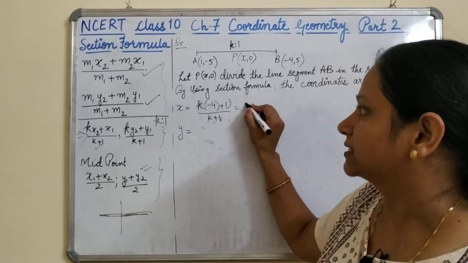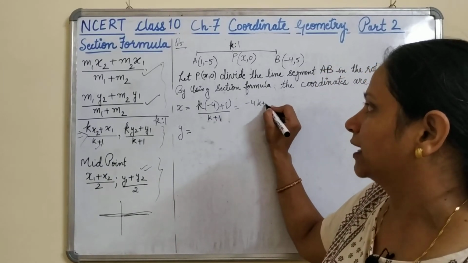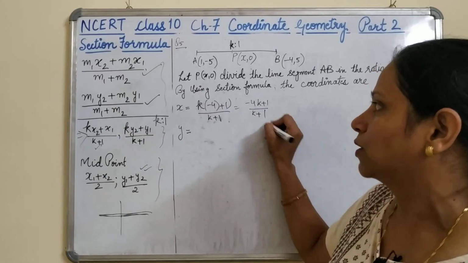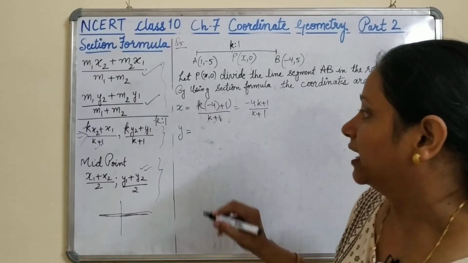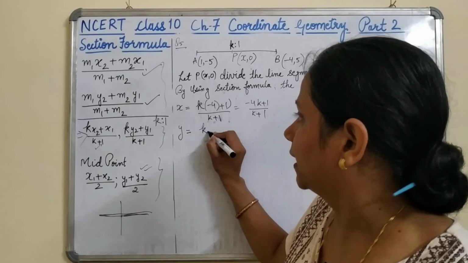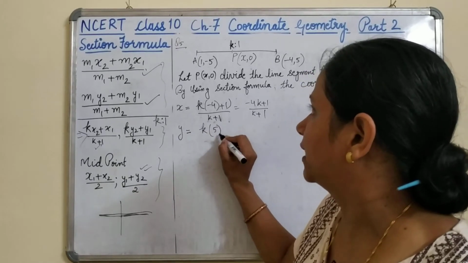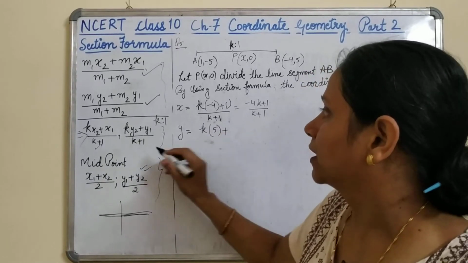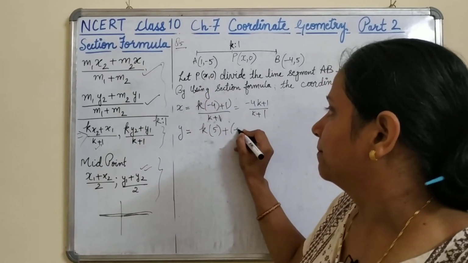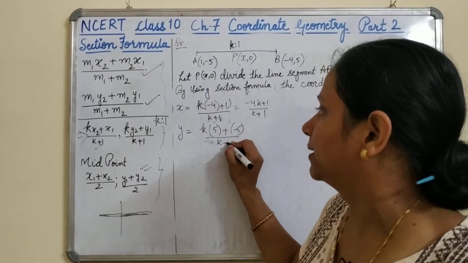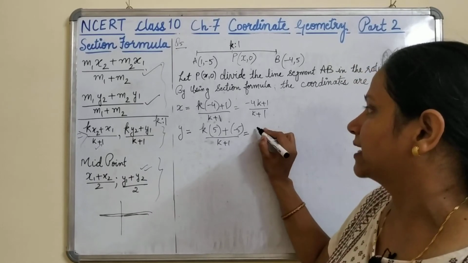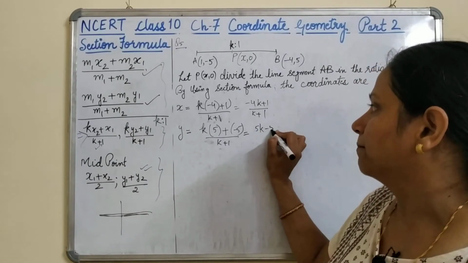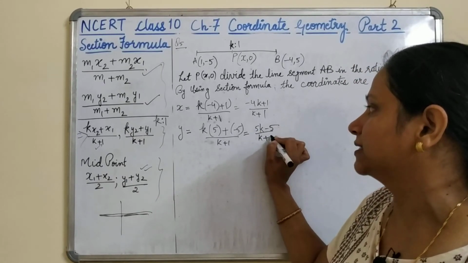This comes out as (-4k + 1) upon (k + 1), right? Then for y: k times y2, y2 is 5, plus y1, y1 is minus 5, upon k plus 1. This comes out as (5k - 5) upon (k + 1).